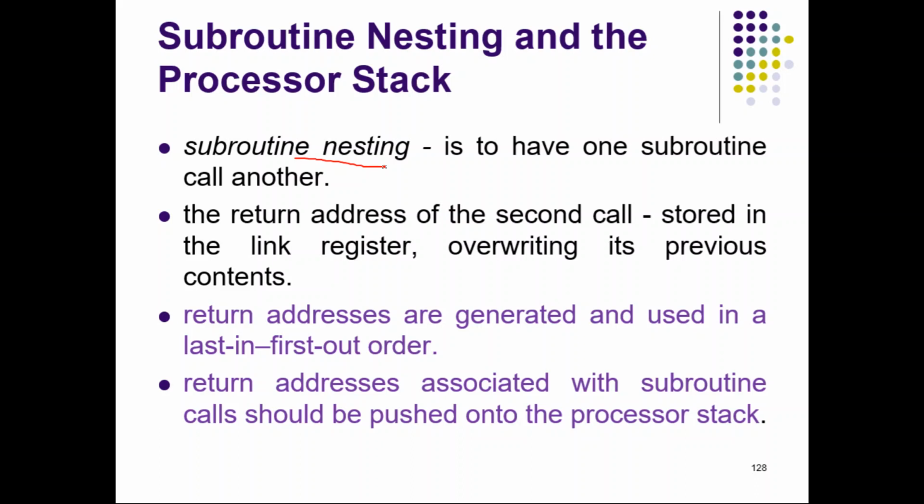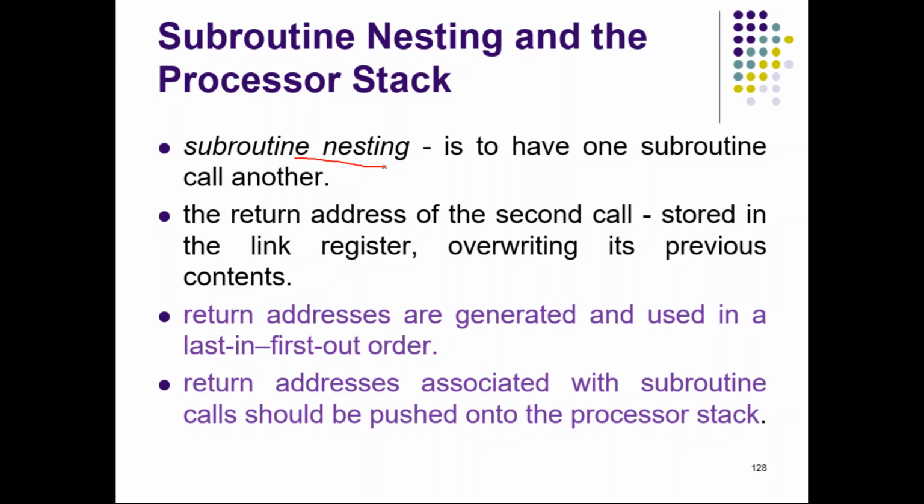In that case, if the main program is calling subroutine 1 and subroutine 1 is calling subroutine 2, after finishing executing subroutine 2, control should come back to subroutine 1. After finishing subroutine 1, control should go back to the main program.